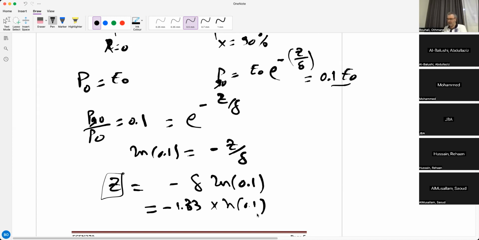So you can see that ln 0.1 is a negative number, times 1.33, this will give you 3.06 micron. So at 3.06 micron, you lose 90% of the power.